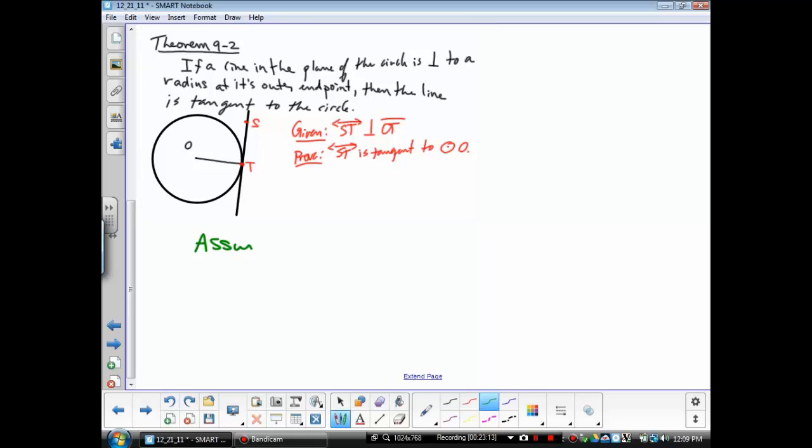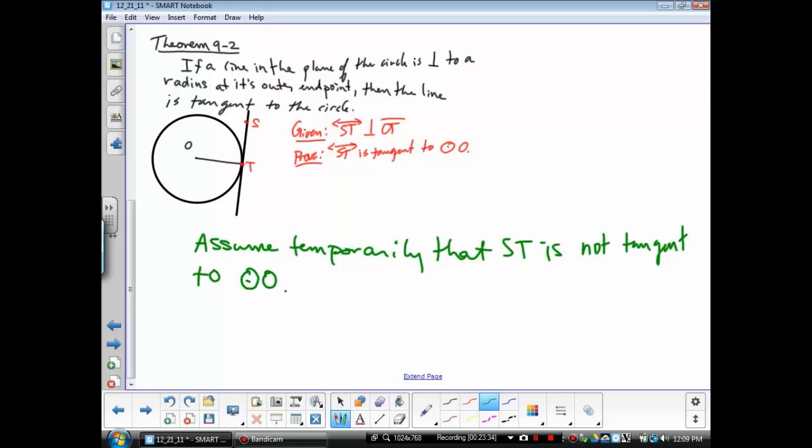Now, if ST is not tangent to circle O, but does intersect circle O at T, then it must intersect circle O at another point.